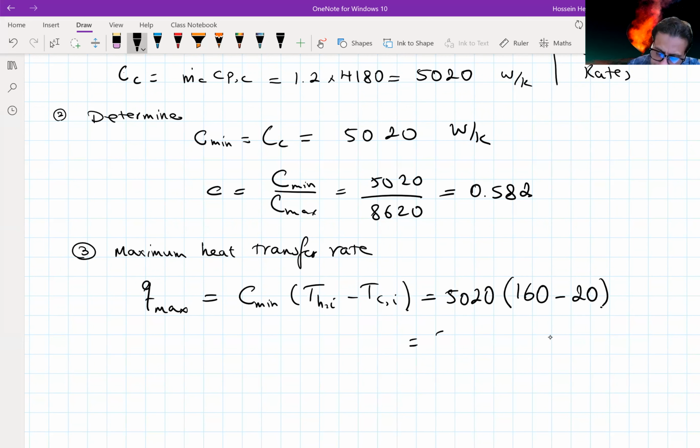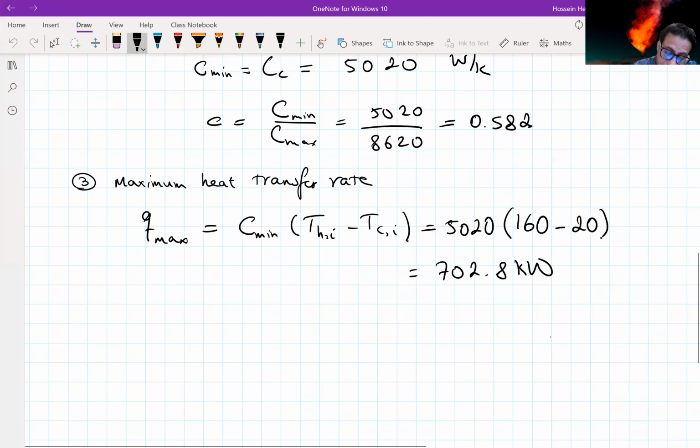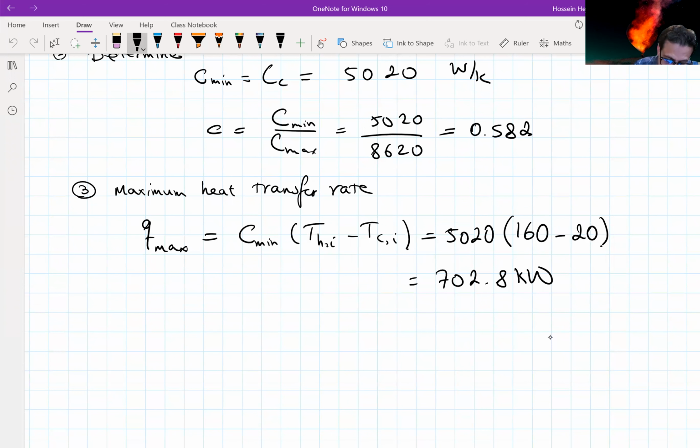So we would get 702.8 kilowatt. Okay, so this is going to be the maximum possible heat transfer rate. Now we can find the actual heat transfer rate.